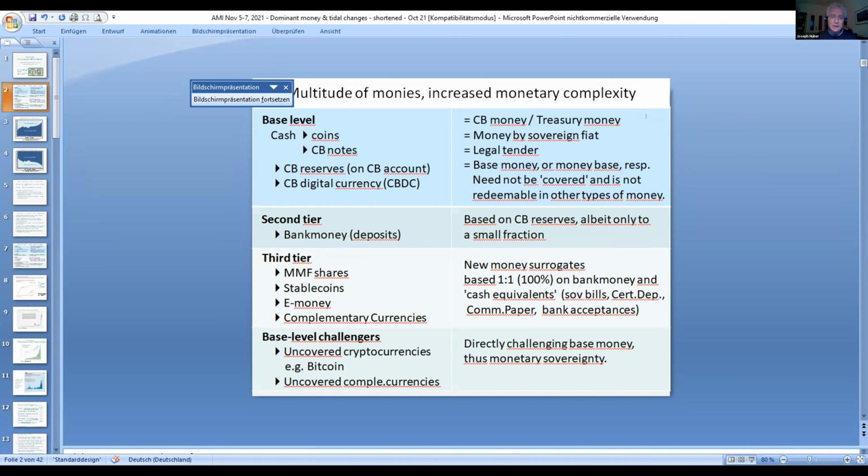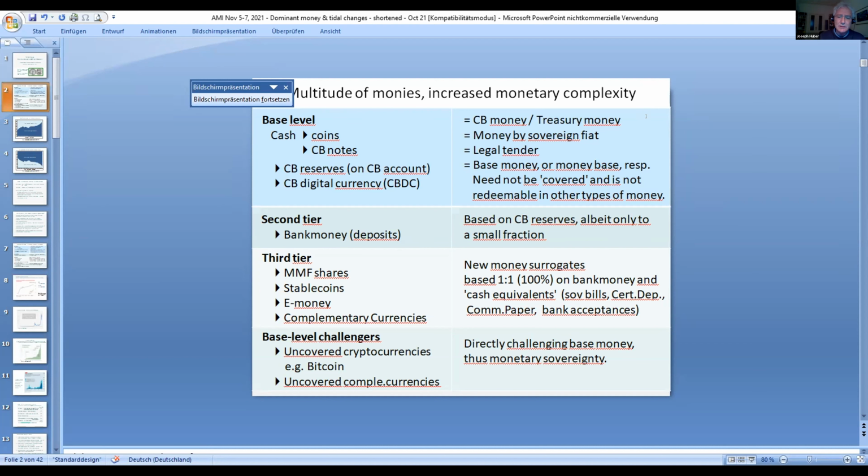And there we find money market fund shares used as a deposit-like means of payment, but especially in financial transactions. Then we have those stable coins, which is a particular type of cryptocurrency. We have electronic money of various kinds and also complementary currencies, mostly on a local level or as a special purpose money.